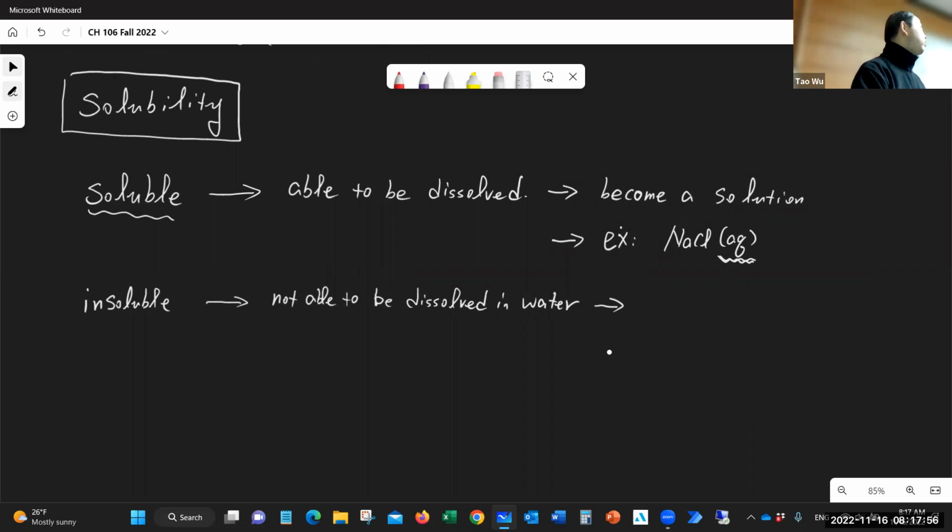When they come out of water, we call those solids a precipitate.